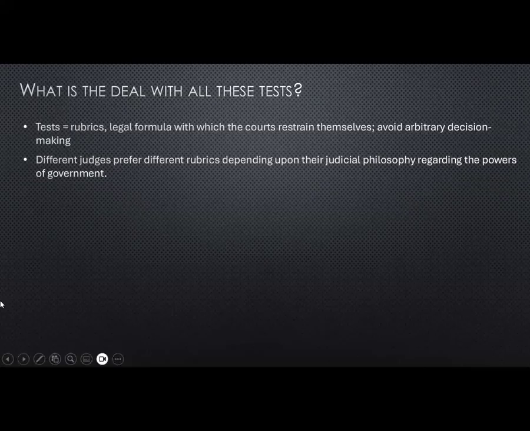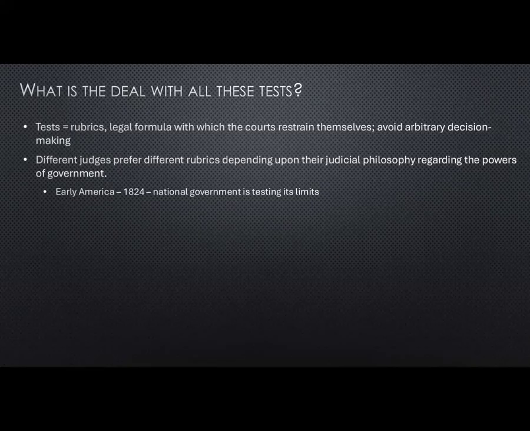So, for example, in early America, when the Gibbons versus Ogden case was decided in 1824, this is just an example of the national government stretching its wings and trying to see what its limits are. In that case, most of the justices on the court were still Federalists, members of what was becoming a political party that believed the national government should have broad powers.